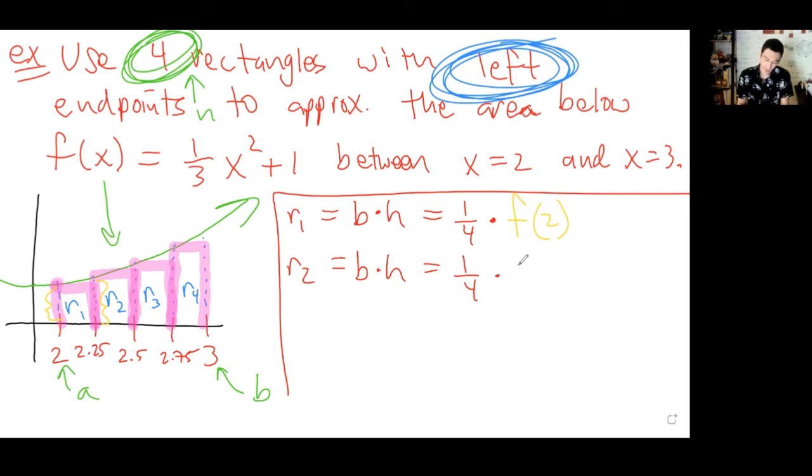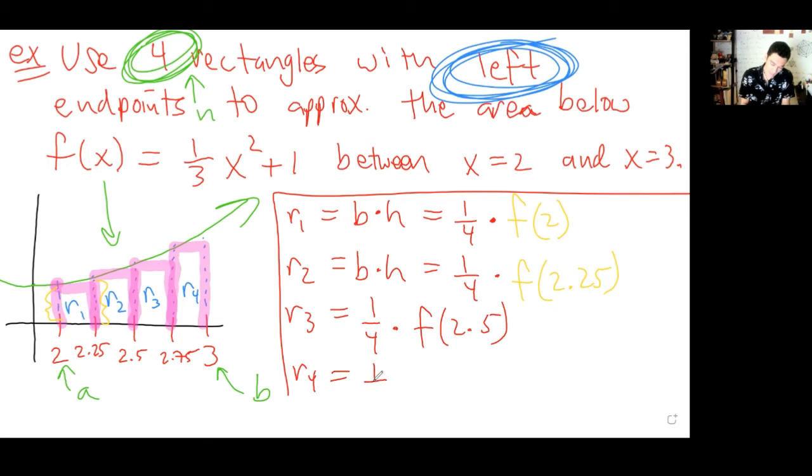So here, I'm going to call this f of 2.25, and so on and so forth. So why don't you just complete your notes? Here, this base would be 1/4, and the height would be f of 2.5. And then for the fourth and final rectangle, I'm going to use 1/4 times f of 2.75.